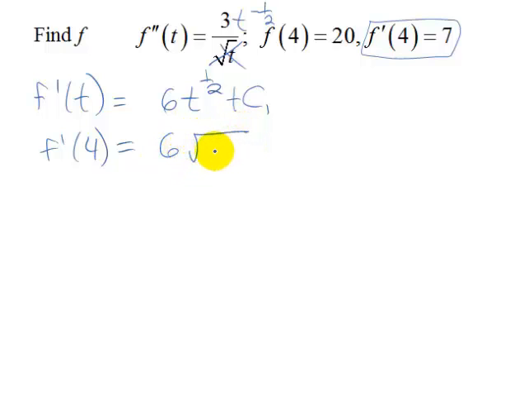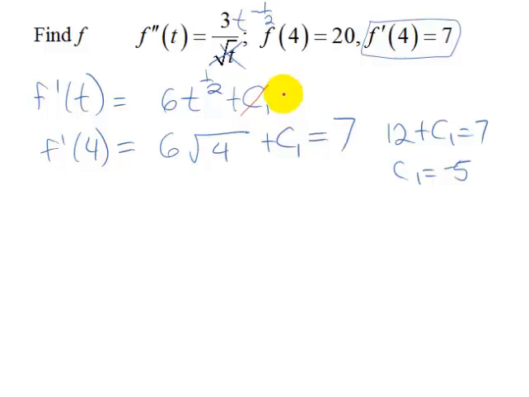We know that the 1/2 power means square root, so putting a 4 in here plus c1 needs to equal 7. Square rooting the 4, we'd get 2, so we're going to have 12 plus c1 equals 7, and c1 then would be negative 5. So we could take that and put that in right here.